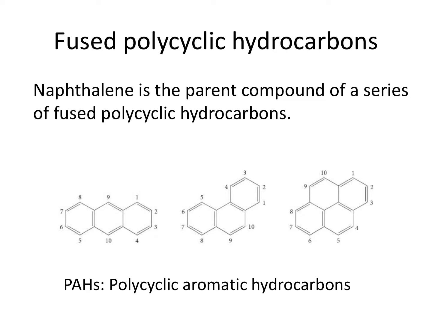As I said, I'm not going to ask you the names of these compounds, which is why I didn't even include the names here. But you should be able to identify what they are, what the parent compound is, which is naphthalene, and similar things.